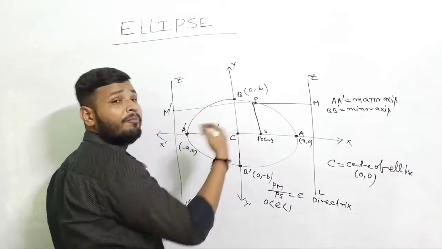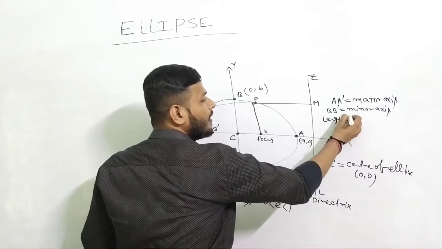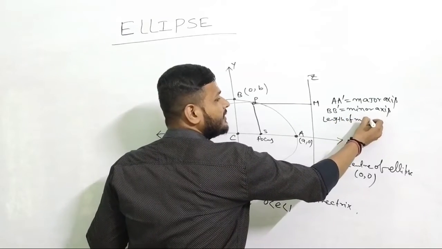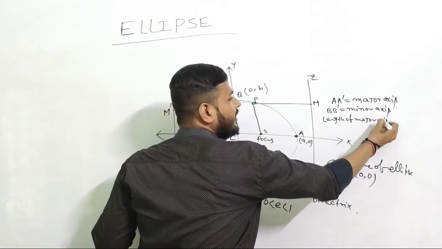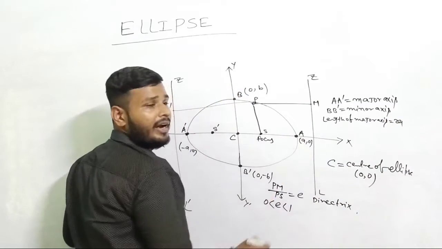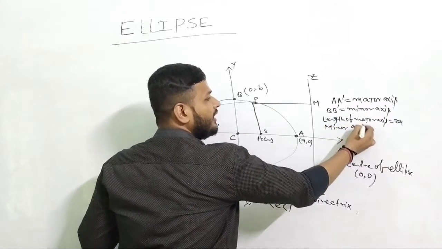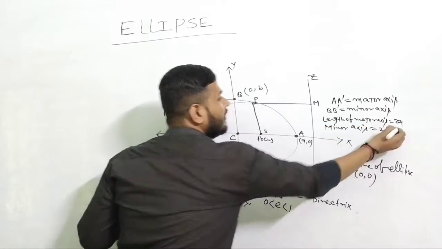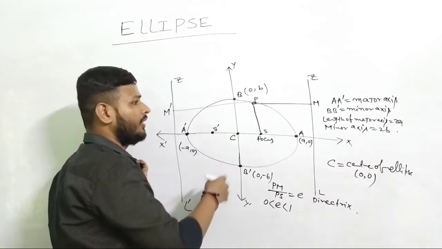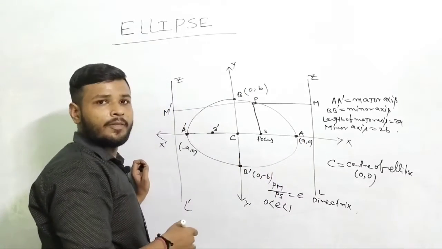Then the length of the major axis is 2a, and the length of the minor axis is 2b. This length is 2a and this length is 2b.